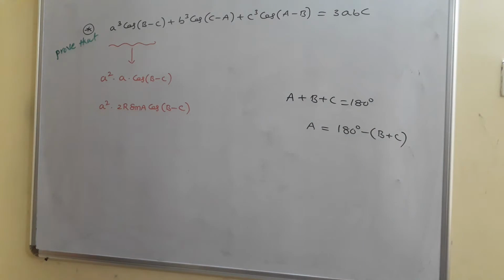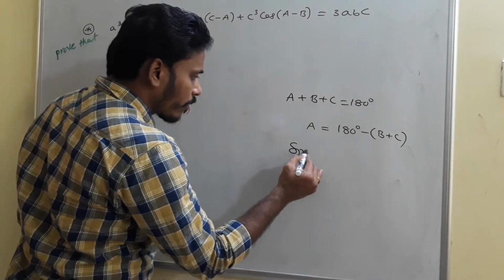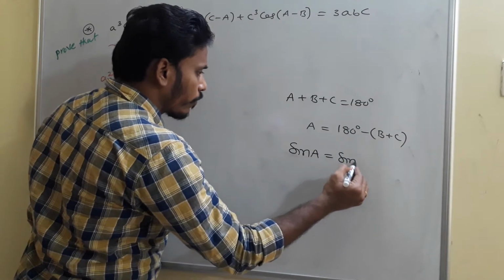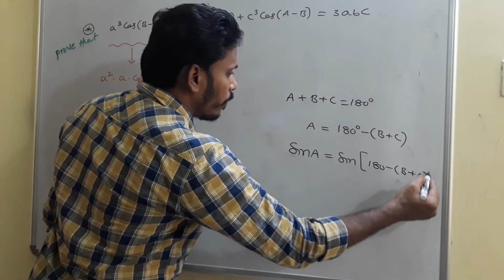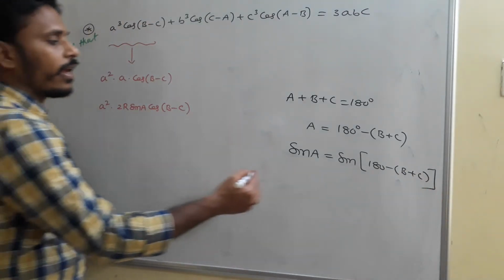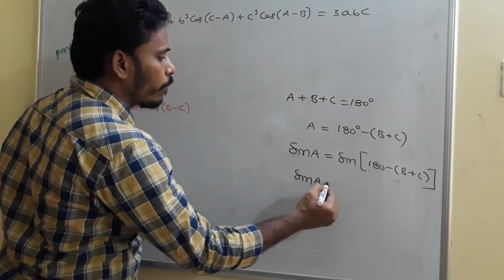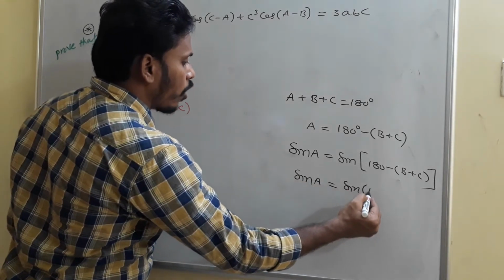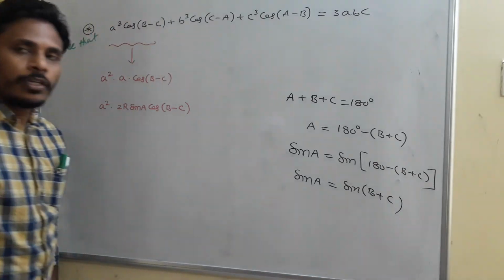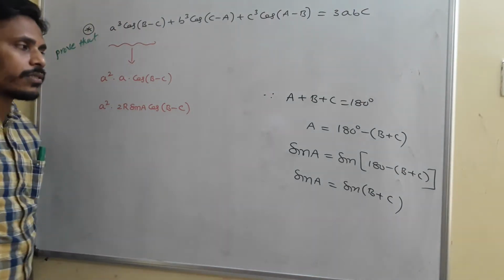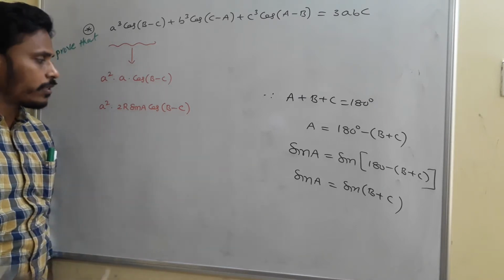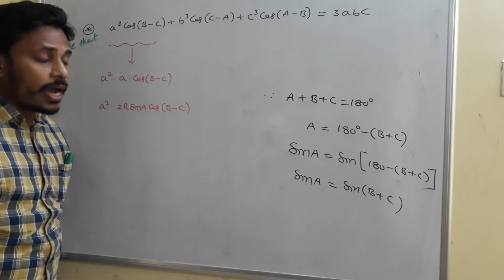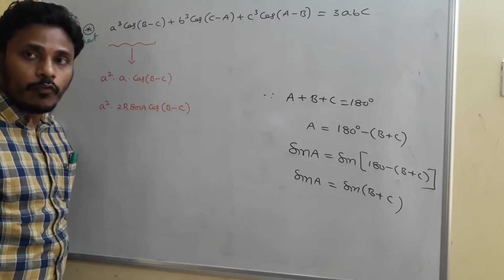Applying sine on both sides, sin a is equal to sin(180 degrees minus (b plus c)), which is nothing but sin(b plus c). So here sin a is there, and I replace that sin a with sin(b plus c).